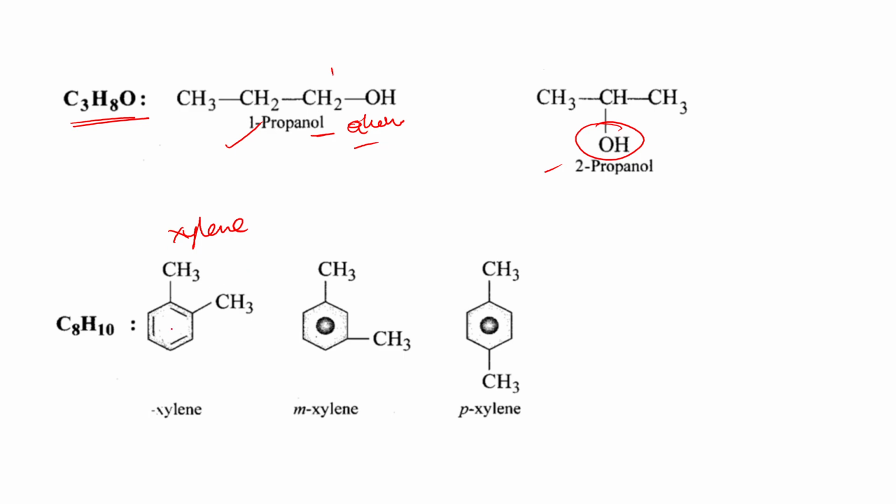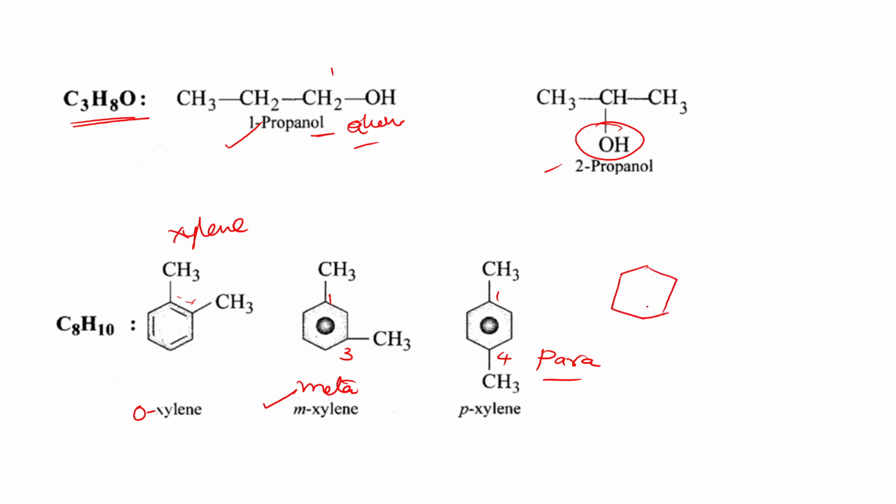These are the isomers of xylene. This one is the ortho position. The 1,2 positions are called ortho, and this one is ortho-xylene. Whereas the 1,3 positions are called meta, and this one is meta-xylene. Whereas the 1,4 positions are called para, and this is para-xylene. You should remember.